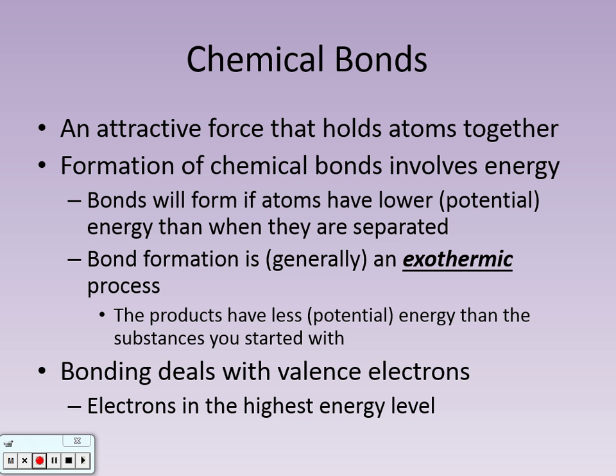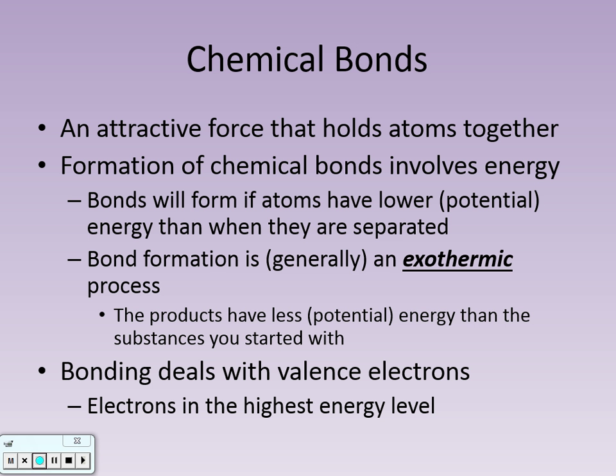Now, as far as how it happens, now we start looking at the structure of an atom, particularly the valence electrons. Valence electrons is a concept that we've introduced before. Where do we find valence electrons in an atom?